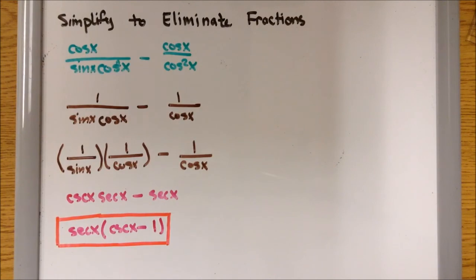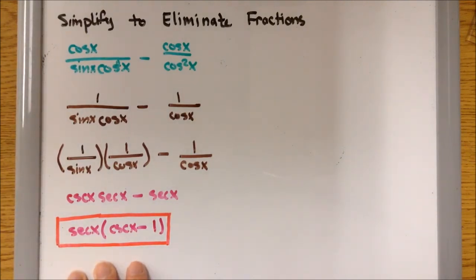So just to review, we implemented numerous identities: reciprocal, quotient, and Pythagorean identities. And then we kept working with fractions, combining them by adding, subtracting, multiplying, and dividing. Even though we were working with fractions, the goal was to simplify to eliminate fractions, meaning not to have a fraction as the answer.